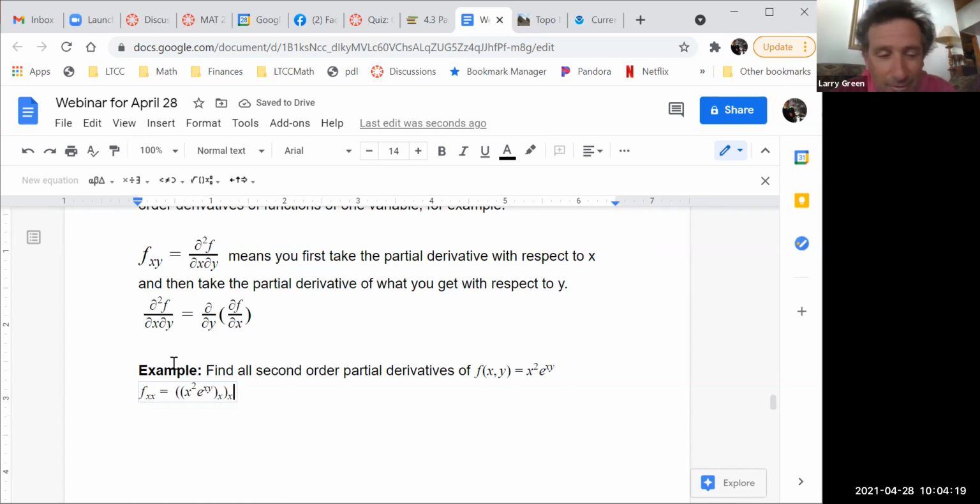What that means is I first take the partial with respect to x, then I take the partial with respect to x again.